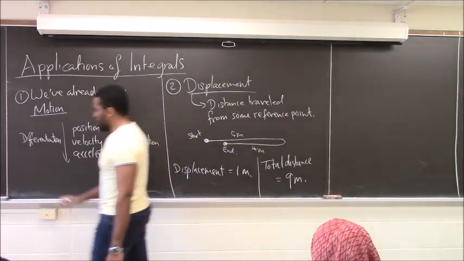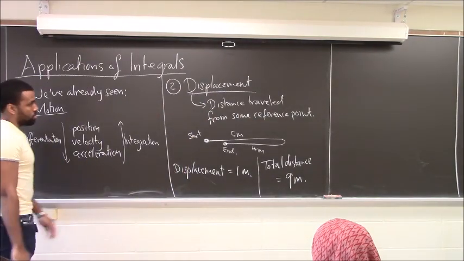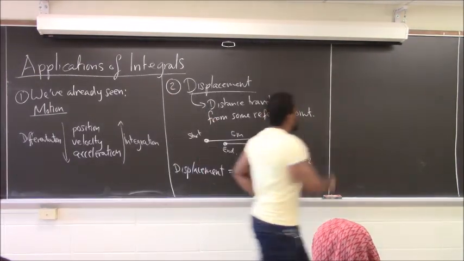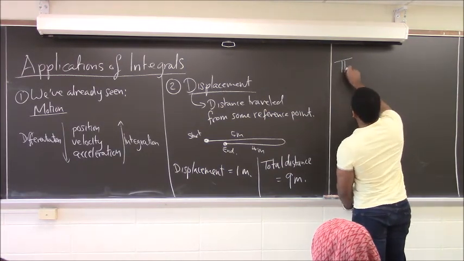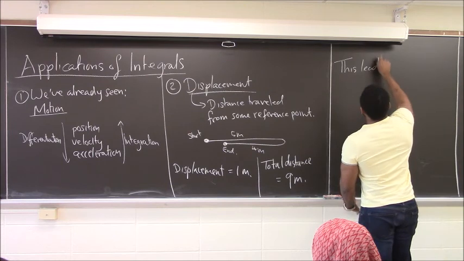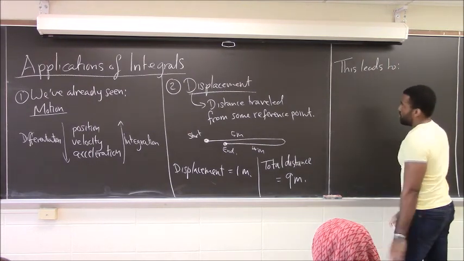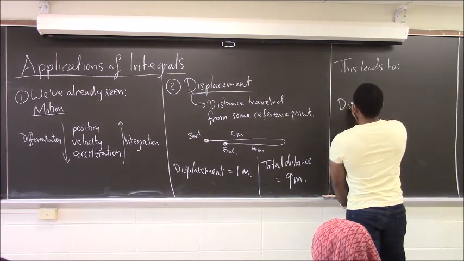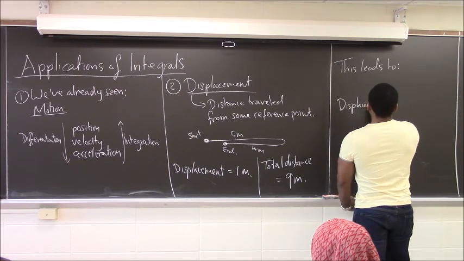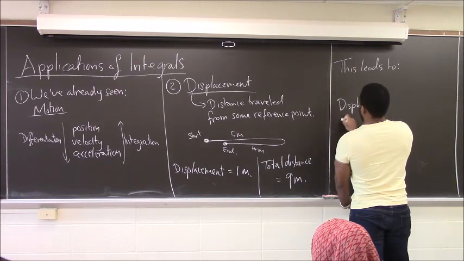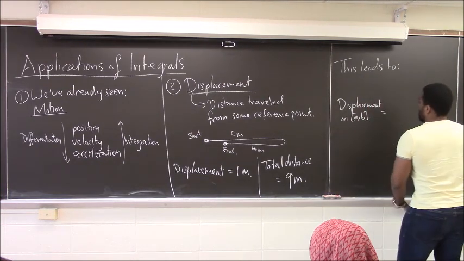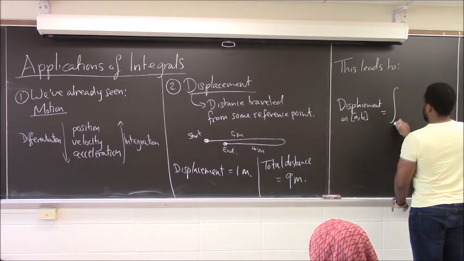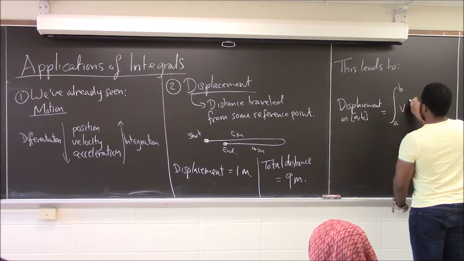And we can talk about both of these in terms of integrals. And the argument is kind of the same. This leads to the following definitions: displacement on, say, some time interval AB will be given by the integral from A to B of the velocity function.